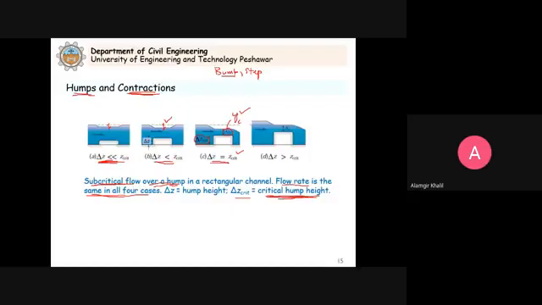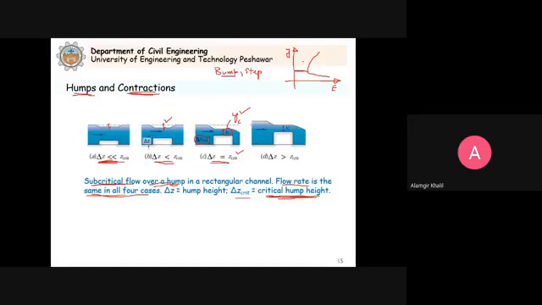Now in this case, what is happening? This YC, because now it is critical, we have critical depth occurring here. This is the minimum energy. If I go back to the specific energy concept we studied, we have this Y, and for a given discharge we have this curve, and this is the specific energy E. Now the critical depth comes.